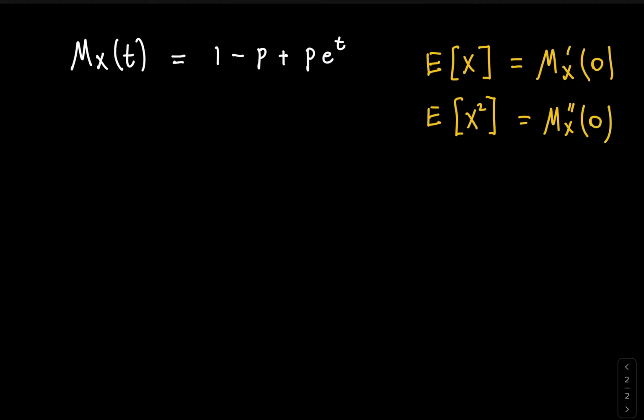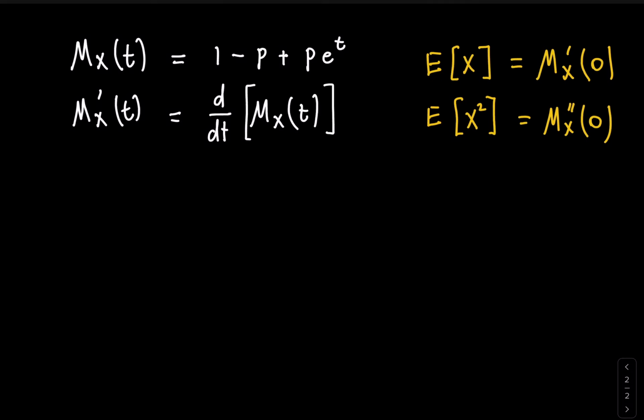So we need to calculate M_X'(t), which, if you recall, is d/dt of M_X(t), which we're going to write as d/dt of 1 minus p plus p e to the t.